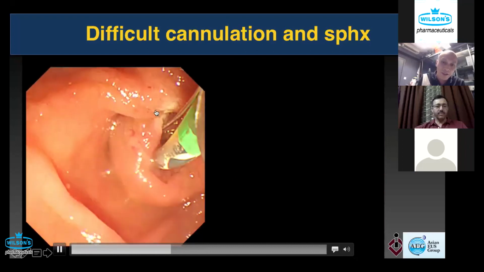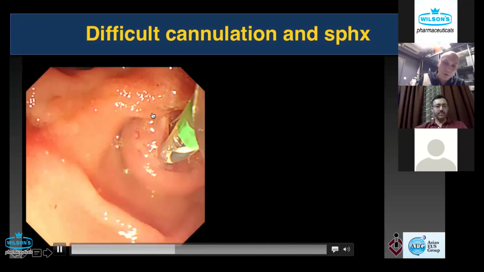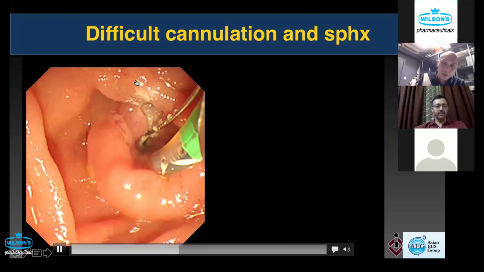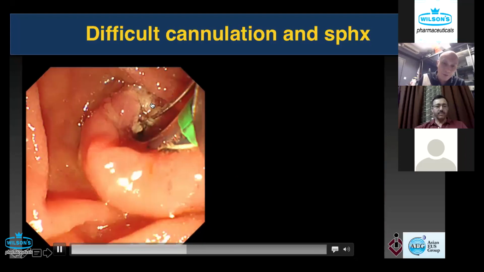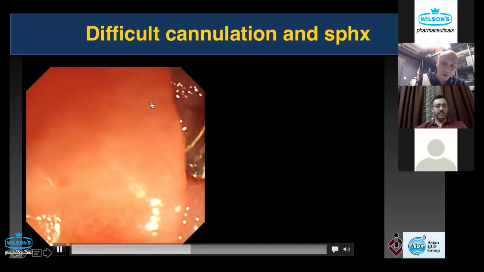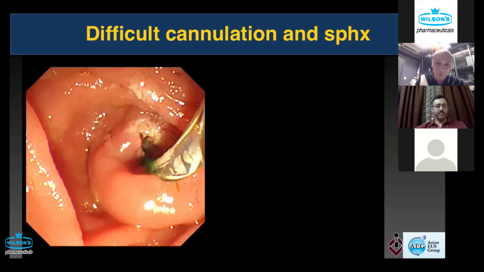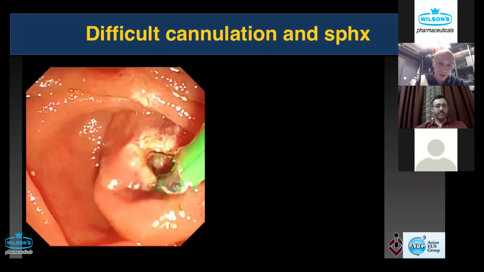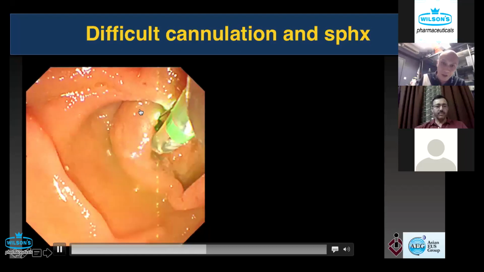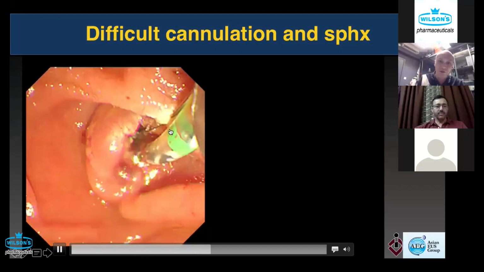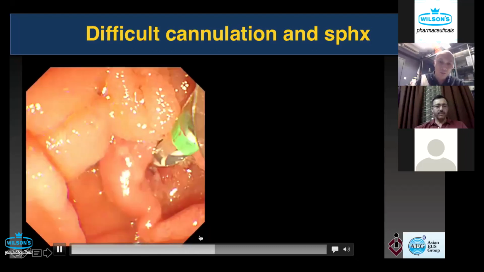So as I cut, the upper mucosa actually comes into the way of the cutting. So the view is slightly obscured and a little bit difficult for complete sphincterotomy. So right now I have a good view. I quickly cut, but then the mucosa starts to come into my way again, and I had to pull back.